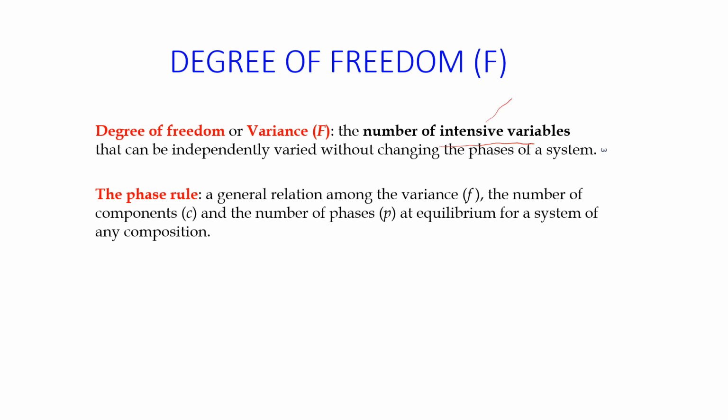The variable examples here are temperature, pressure, and also the composition of the components in a system. So in this case, we are using the phase rule, which is the general relation among the variance F, the number of components C and the number of phases P at equilibrium for a system of any composition. So how to calculate the degree of freedom here?